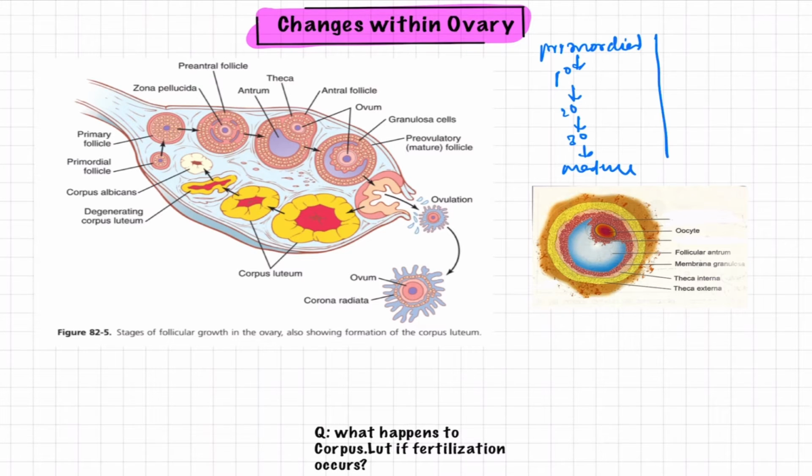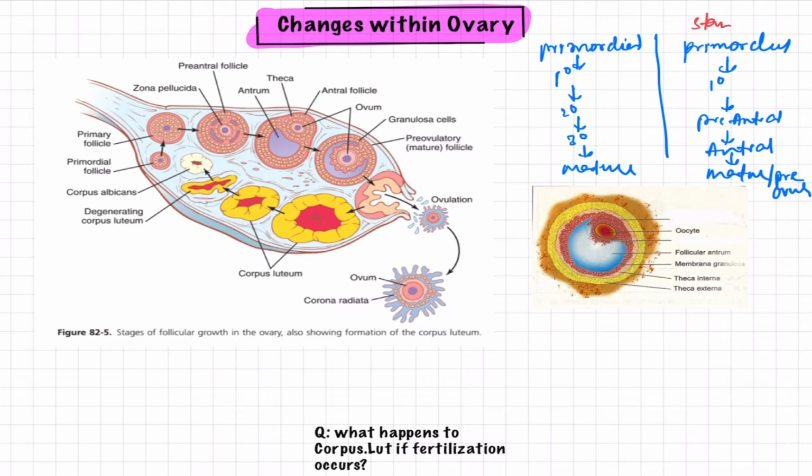Whereas in some standard textbooks it is written as primordial to primary to preantral to antral to mature. Mature is also known as pre-ovulatory. This is in standard books like Guyton. This is in some embryology books like Yogesh.